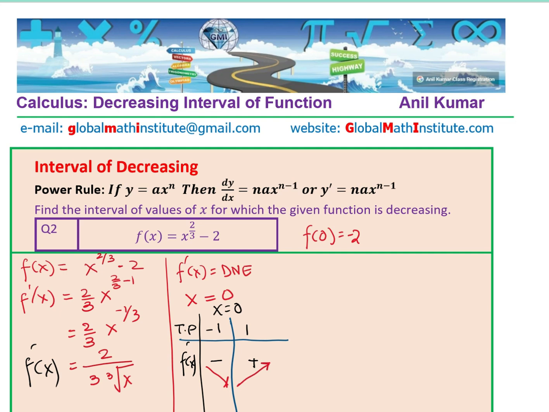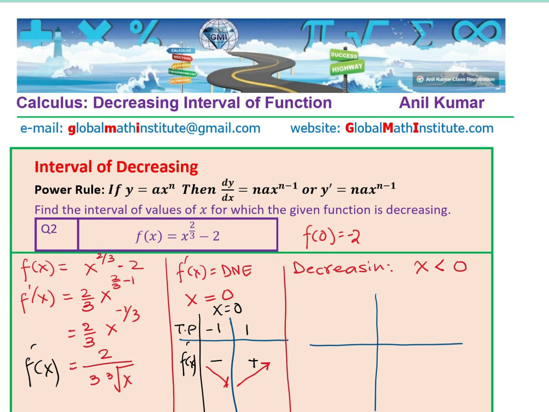You get the idea. So what we have here is a function whose decreasing interval is from minus infinity to 0. So our answer is that it is decreasing when x is less than 0. Correct? Some of you can actually sketch these functions just to see how they look. Minus 2 will push x to the power of 2 over 3 down by 2 units.